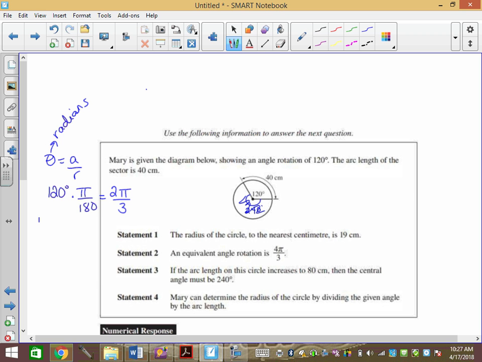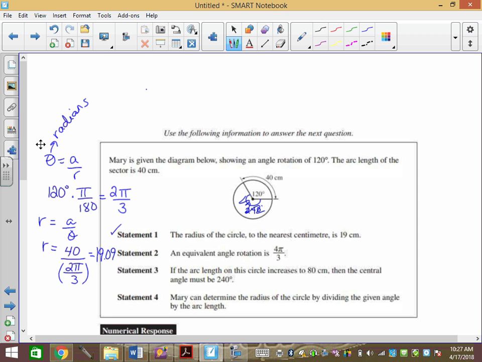So R equals A divided by theta by rearranging it. So R equals arc length, which is 40, divided by 2 pi over 3. And what do you get? 19.09 centimeters. So, yay.